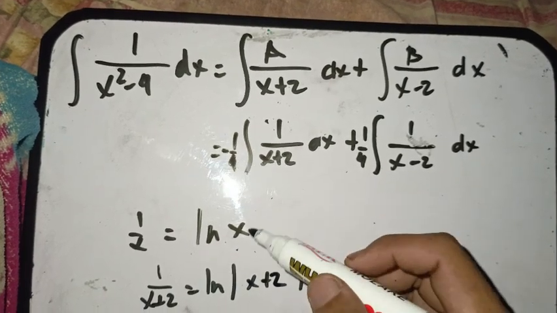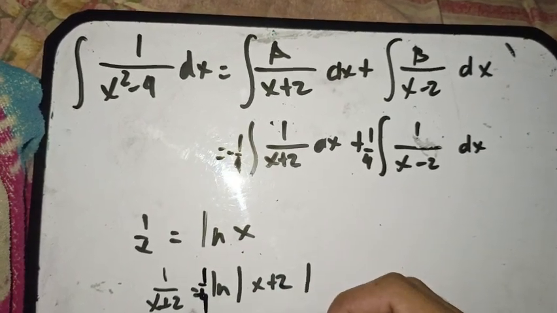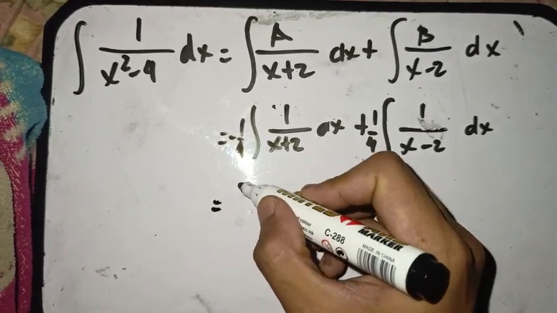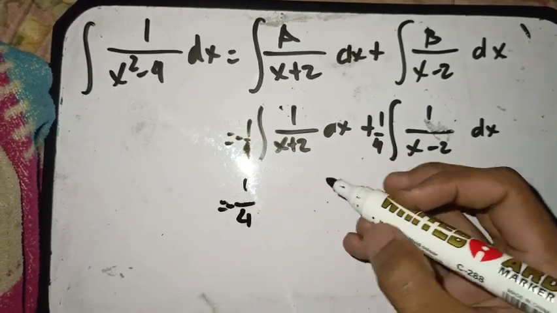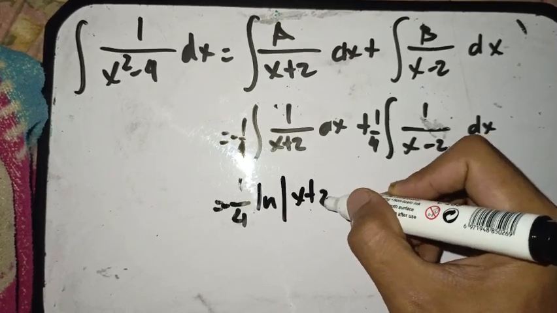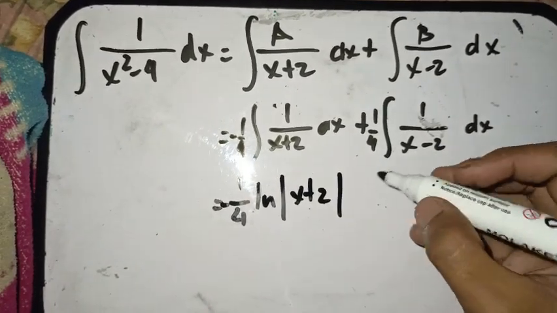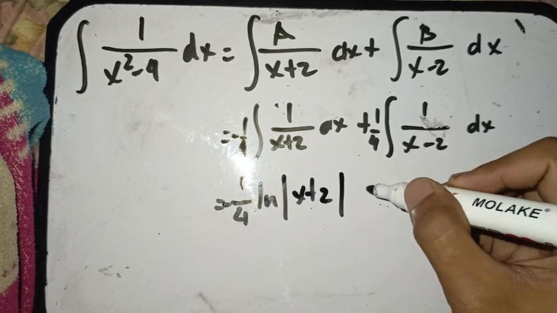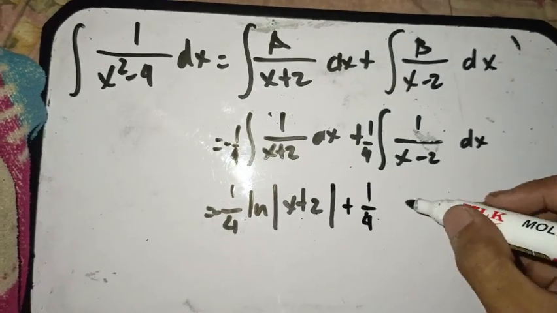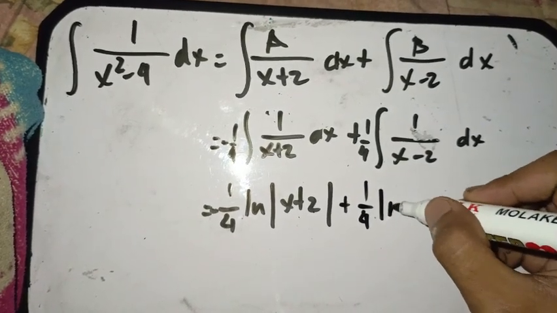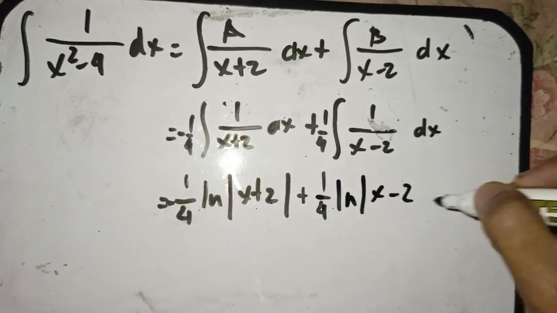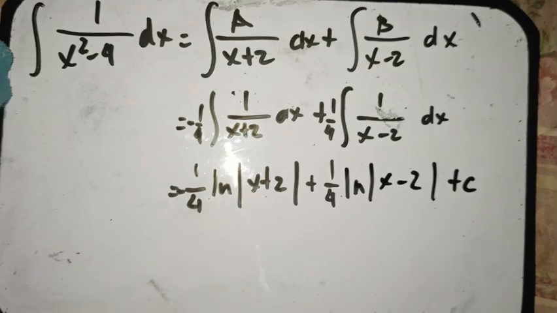Now we have our constant 1/4, so let's solve it: negative 1/4 ln absolute value of x plus 2, plus 1/4 natural log of the absolute value of x minus 2, plus c.